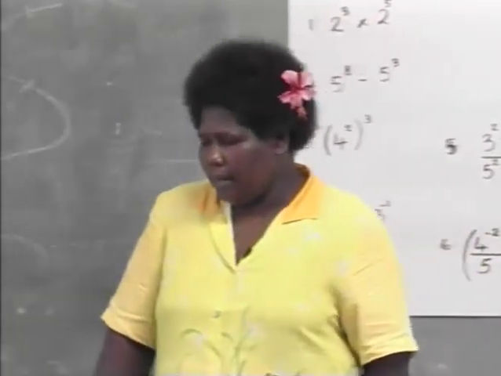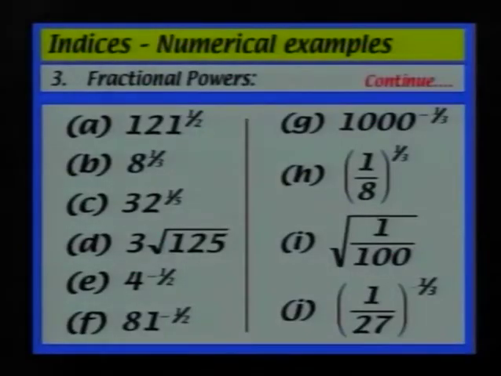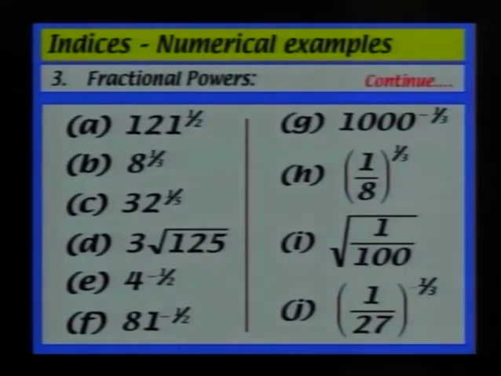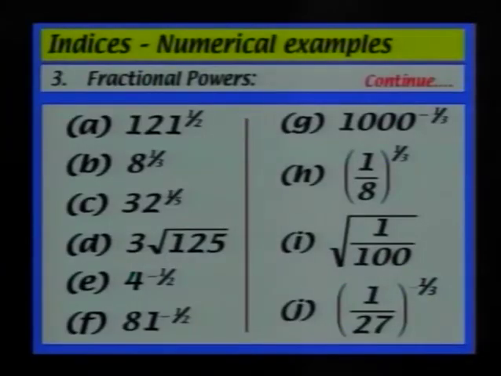Okay, letter B then. We start from Margaret. Two. 2 is correct. Geno, C. 2. 2D. That should be cube root of 125.